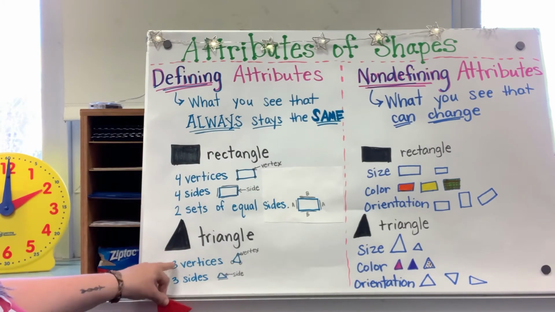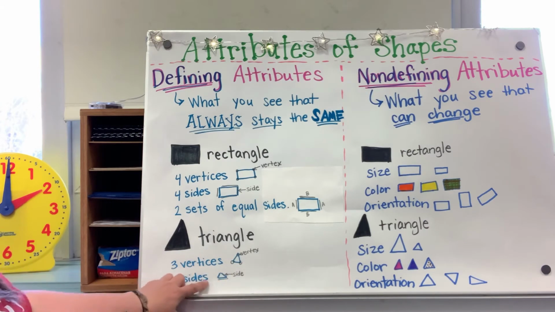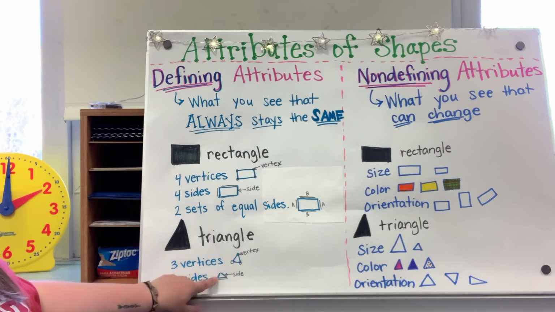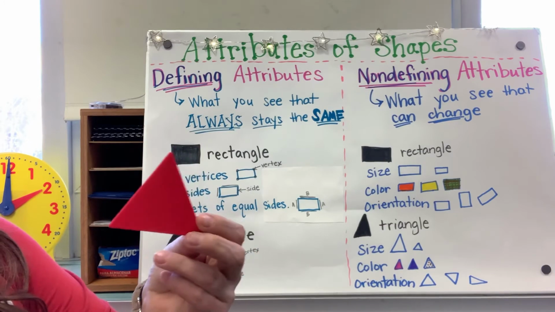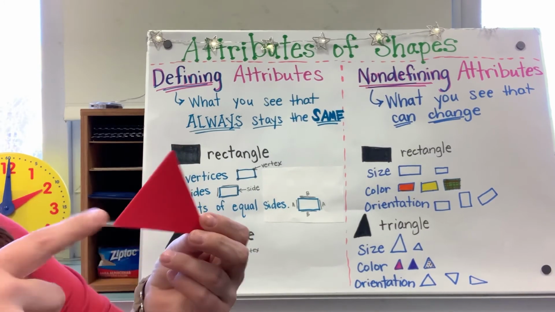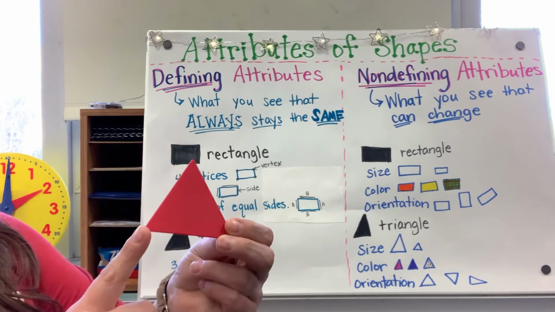Every triangle has 3 vertices. 1, 2, 3. Every triangle has 3 sides. 1, 2, 3. So if I look at this triangle, yeah, it is a triangle, right? 3 sides, 1, 2, 3, and 3 vertices, 1, 2, 3.